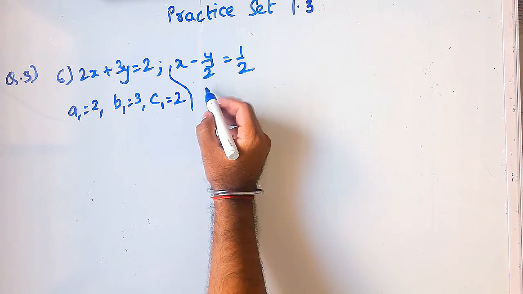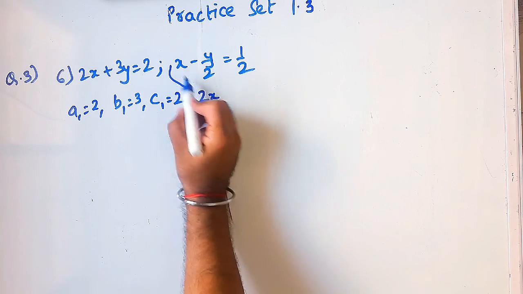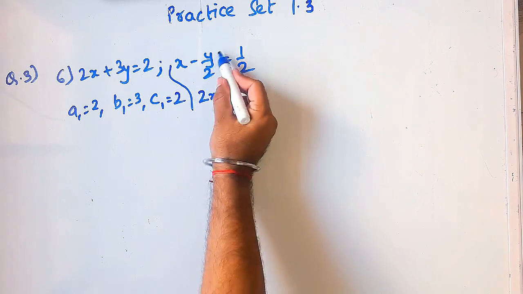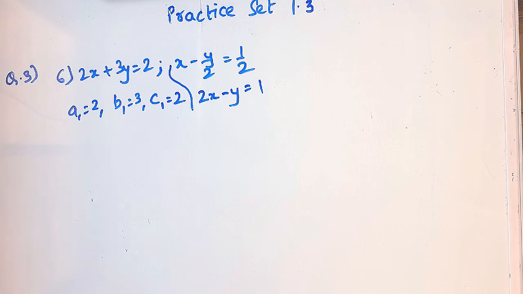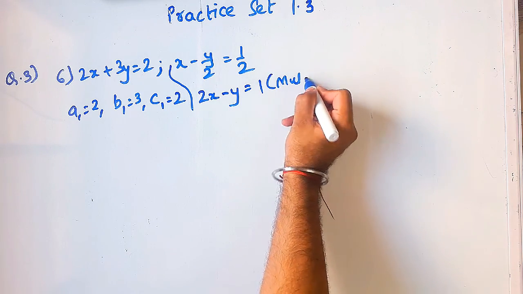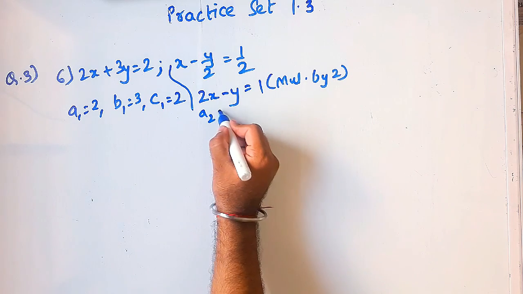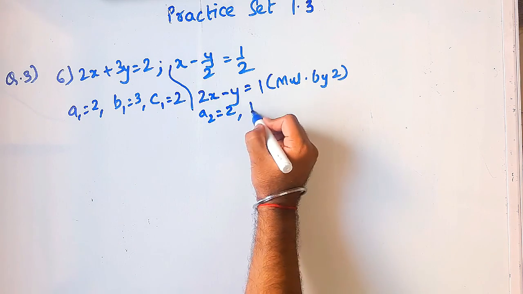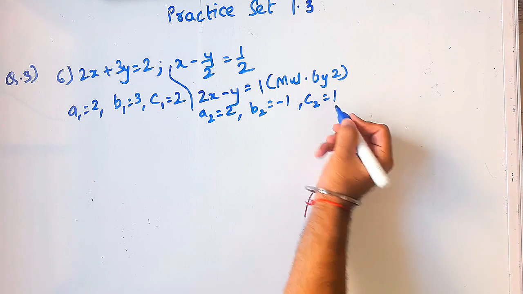Denominators will go, so I multiply by 2. If I multiply by 2, this will become 2x. Here 2 will get cancelled, and here also 2 will get cancelled. This is what I did, multiplying by 2. After this we can get a2, b2 minus 1 and c2 1.